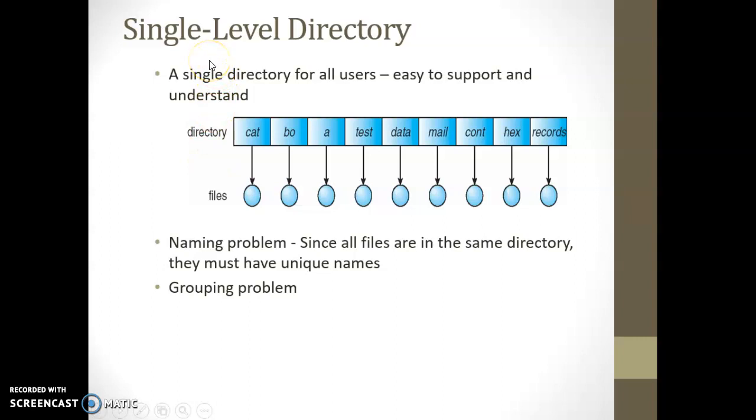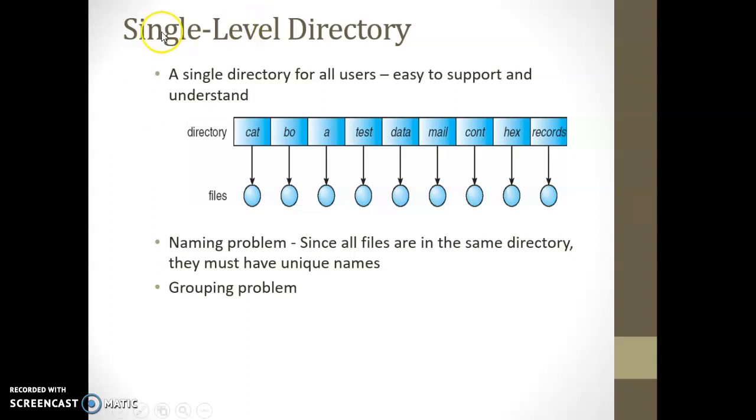So the first structure is single level. Single level refers to a single directory for all users. The benefit is that it is easy to support and understand. Now, on your operating system, Windows for example, you can create multiple users. You can have admin, user number 1, user number 2.